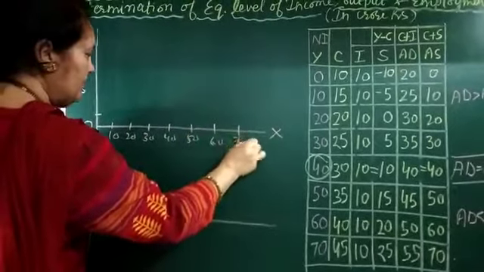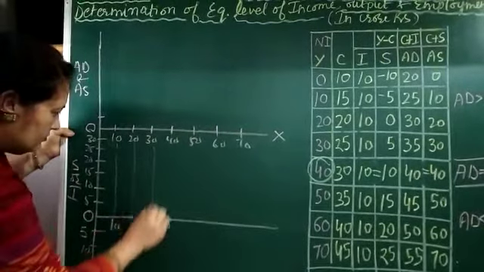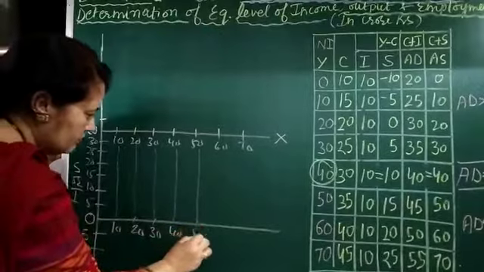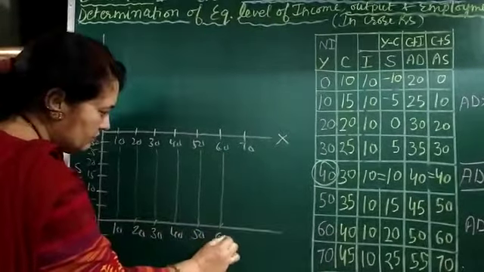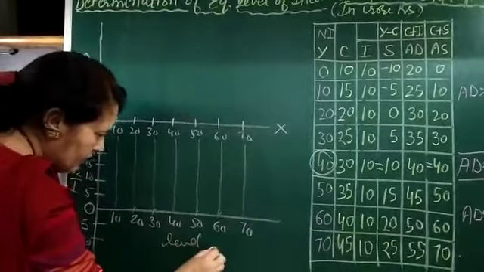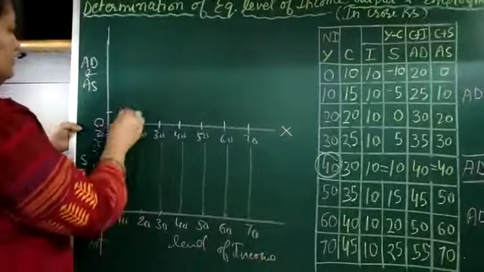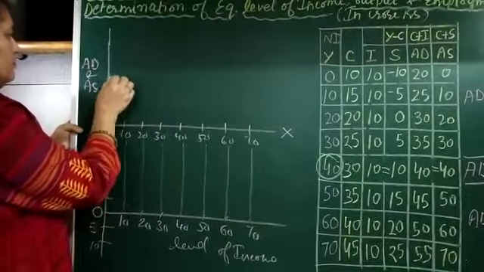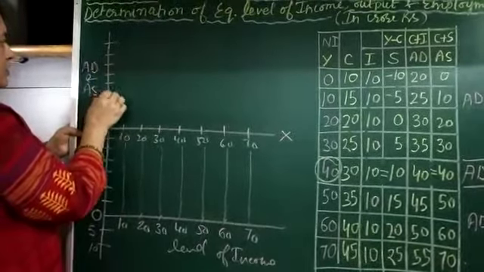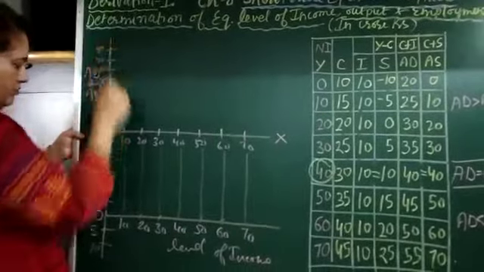These are the income levels. Level of income: 10, 20, 30, 40, 50, 60, 70, 80.